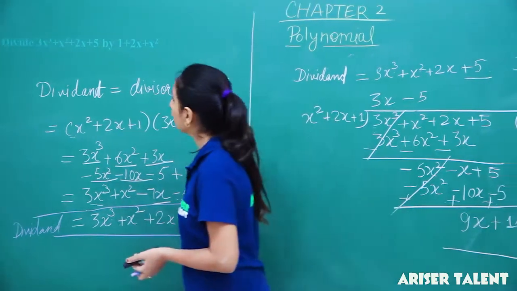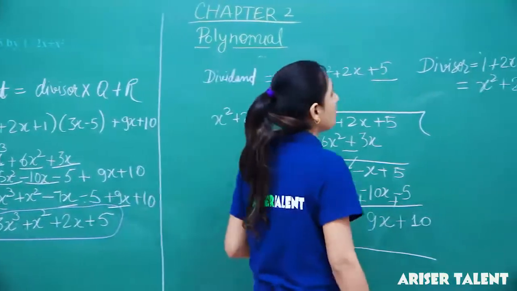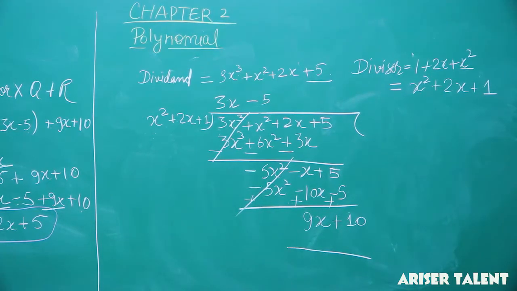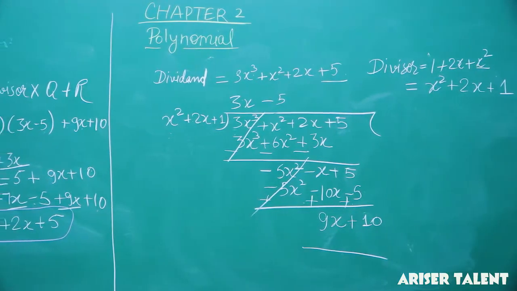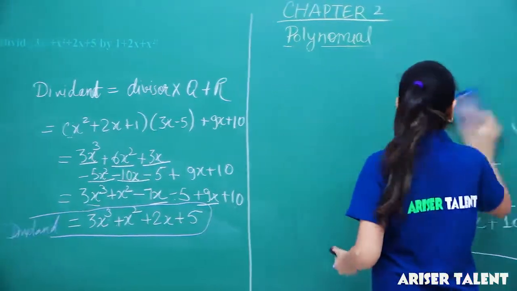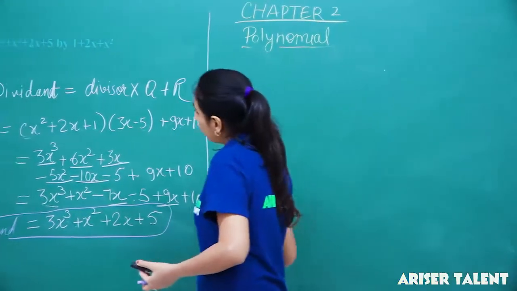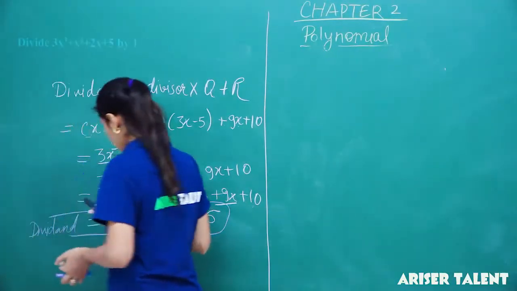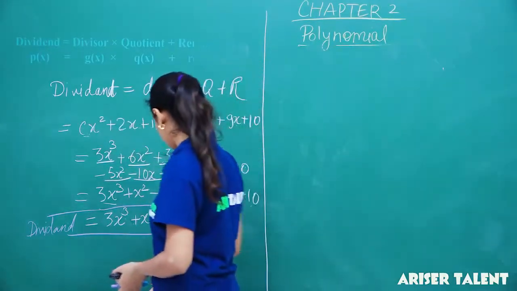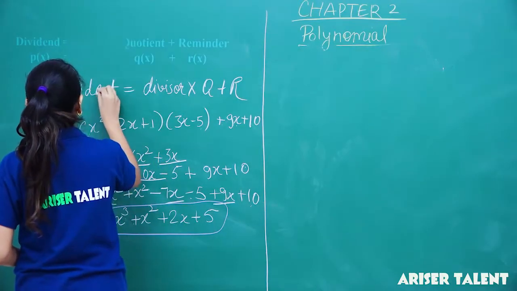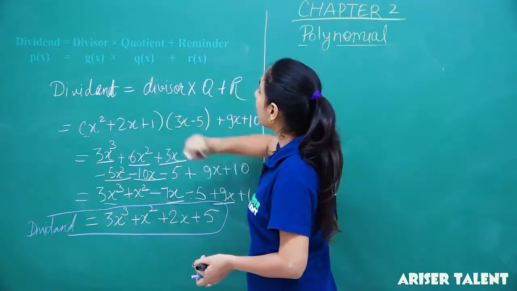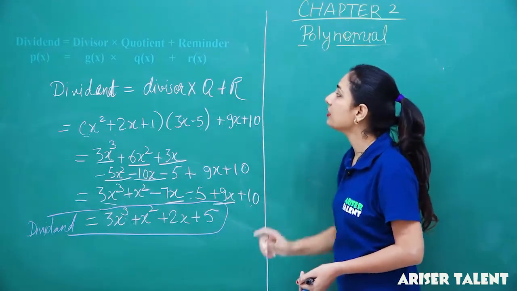Okay, so note this, I am going to rub this. So we have dividend equals divisor multiplied by quotient plus remainder here.